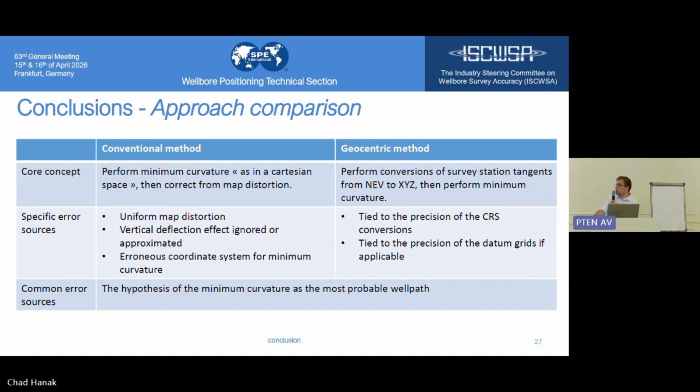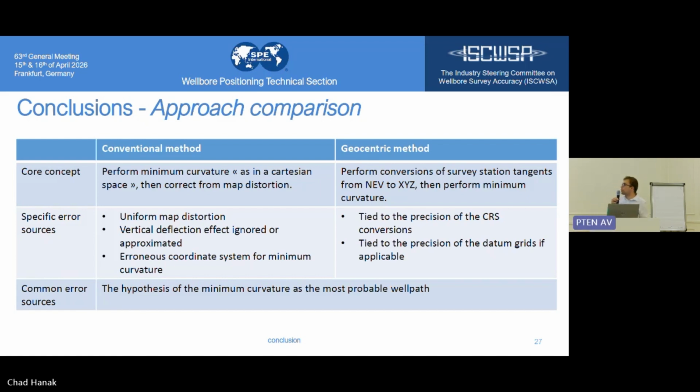We have specific error sources coming from the conventional method that we already mentioned, and we have specific error sources coming from the geocentric method. We are tied to the precision of the CRS conversion when we convert tangents and points from and to NEV and XYZ.